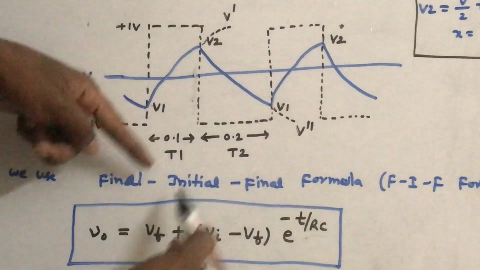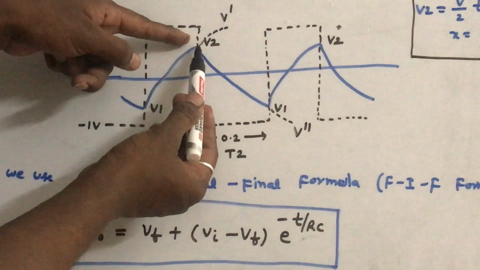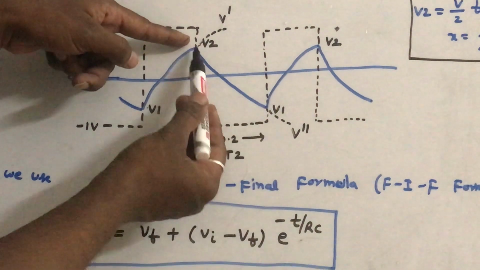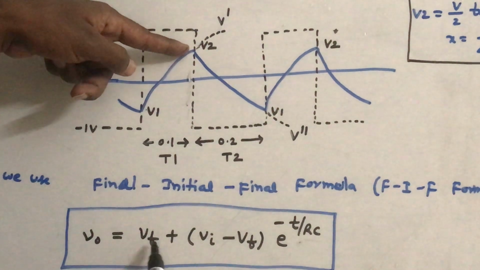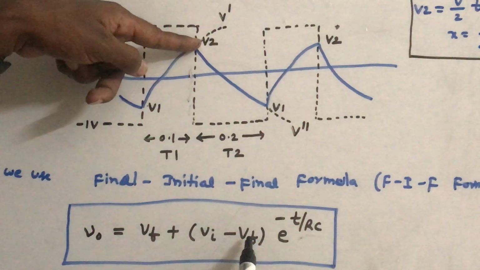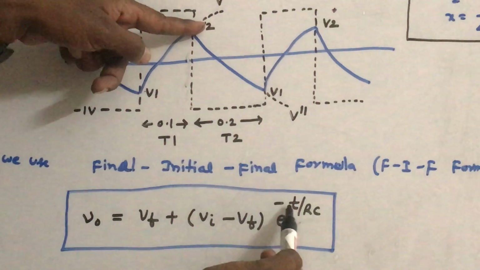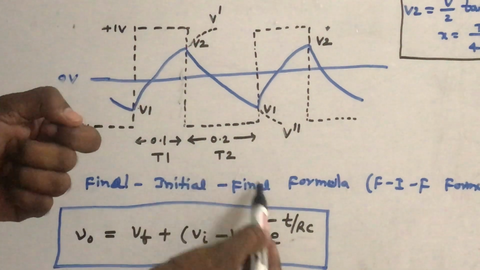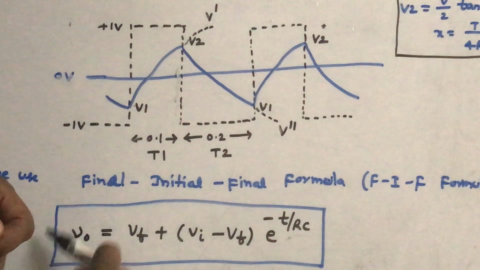It has to reach minus 1, and this waveform is starting at V2. So V1 is equal to minus 1 plus (V2 minus (minus 1)) into e power minus the duration of this waveform, 0.2, by RC, 0.2. So substitute all these things in this formula.